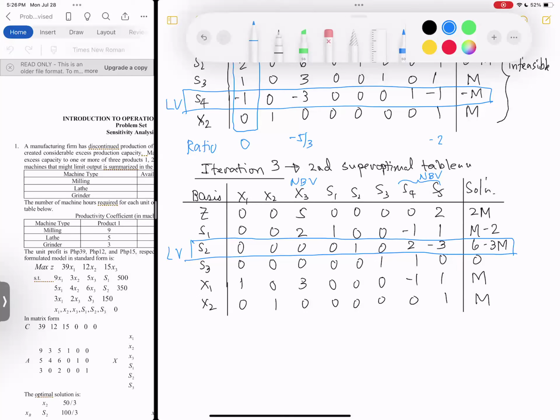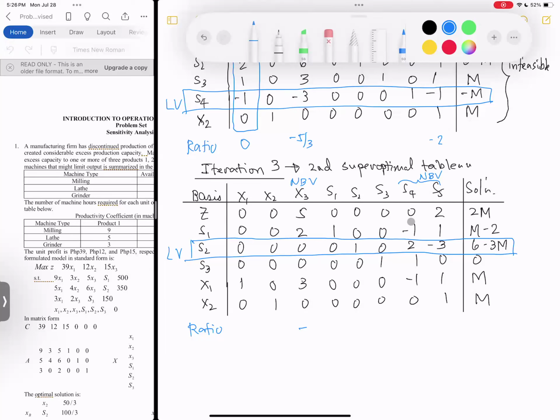Okay, so you get the ratio. Ratio between 5 and 0. Here, 5 and 0. What's the ratio? Class, what's the ratio? Sir, do not get the ratio. Okay, because you're not supposed to get the ratio if the denominator is 0 or positive, so do not get the ratio. Good.